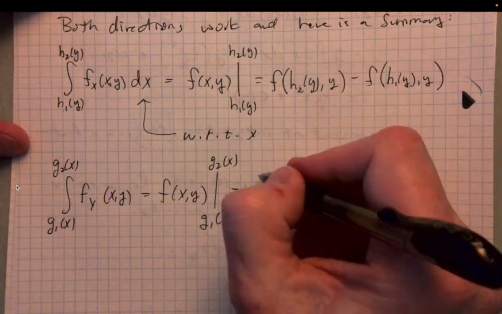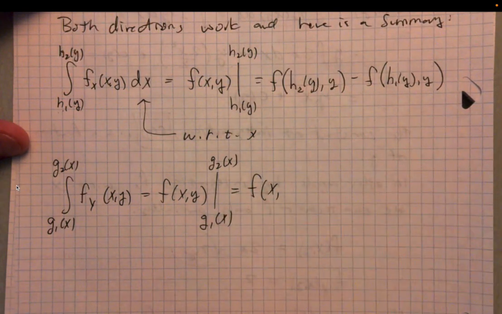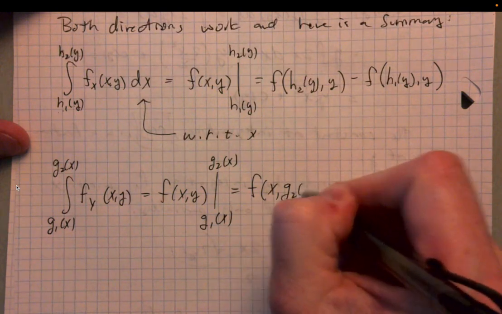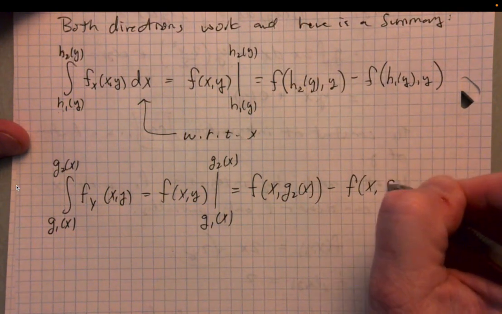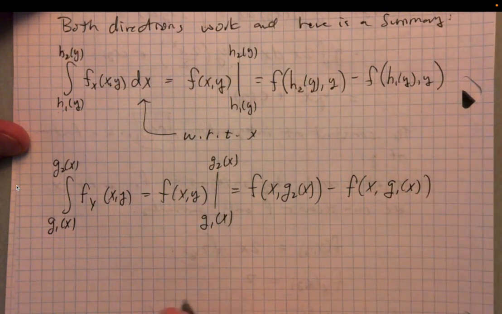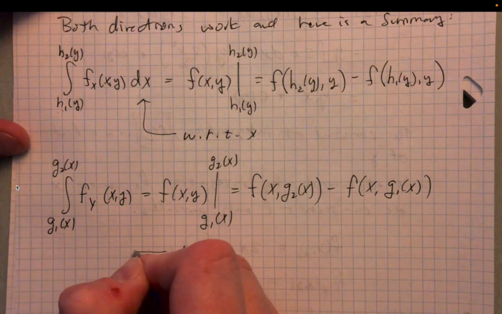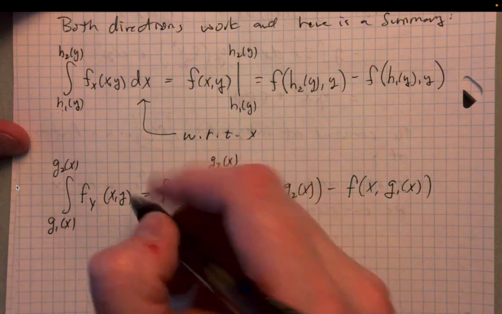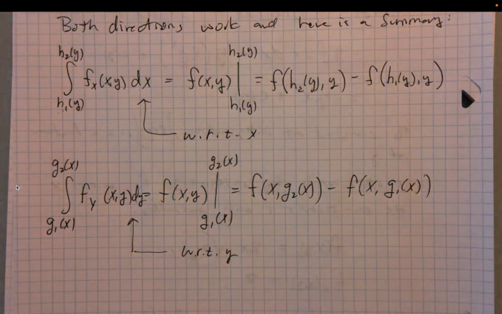What gets spit out here is f of x, comma, the upper bound g2 of x, minus f of x, comma, g1 of x. Again, this is with respect to y. Okay, so this is the setup.